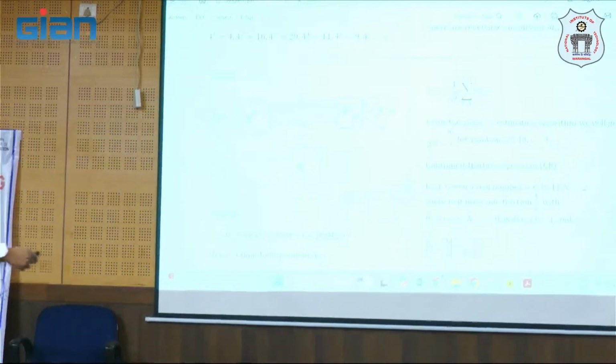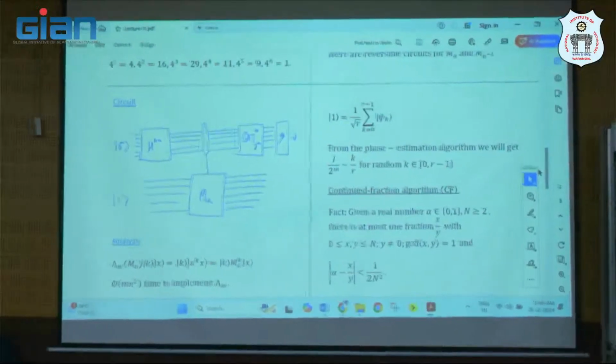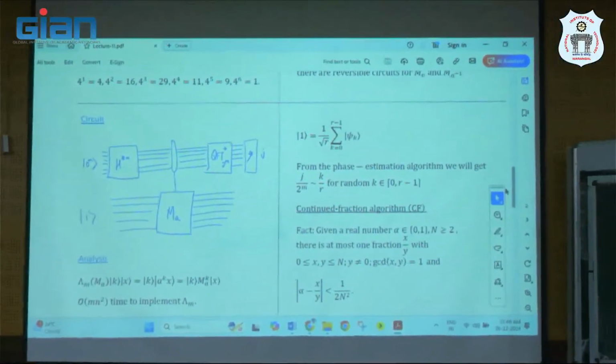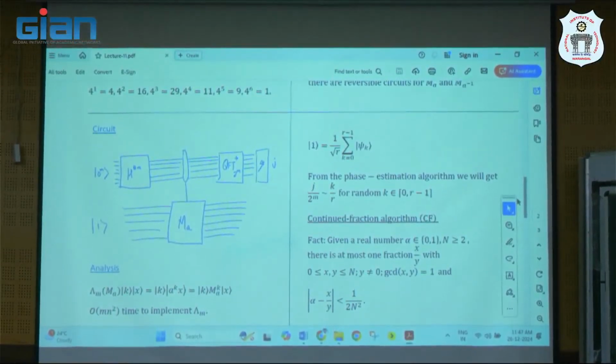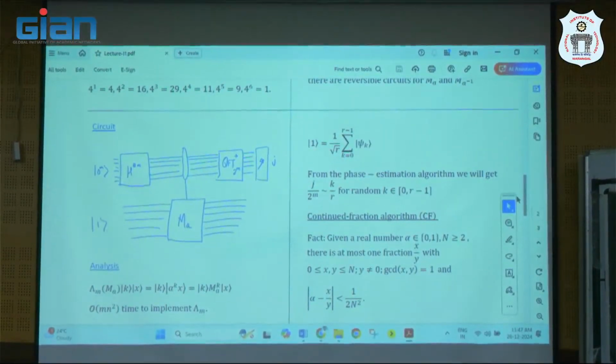In a j over 2 to the m form. j was returned, remember. So j over 2 to the m is the approximation of theta that we will get. Theta is k over r. Its approximation will be j over 2 to the m, the nearest one. Agreed? This is what the phase estimation algorithm will give us.